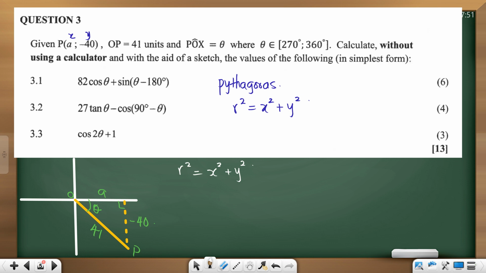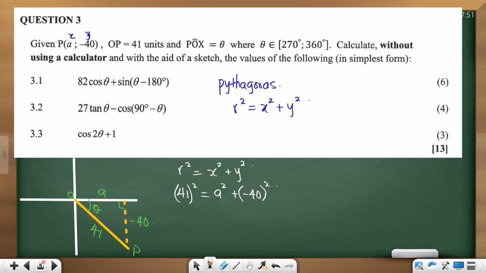Okay, I'm having a different answer here. What is R? 41 squared. What is our X? A squared, plus negative 40 squared. So I don't even need a calculator for this.